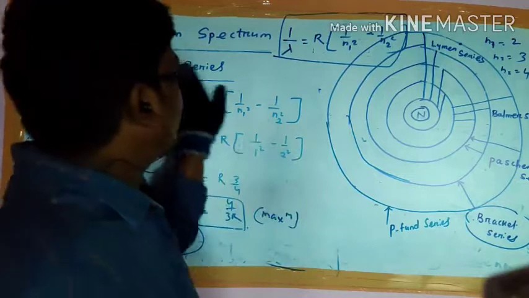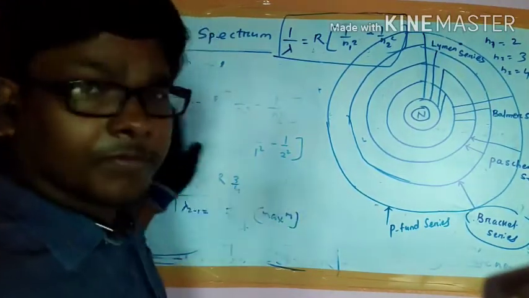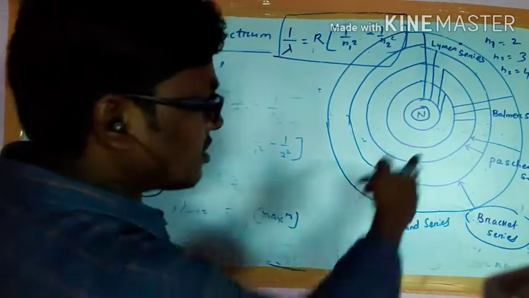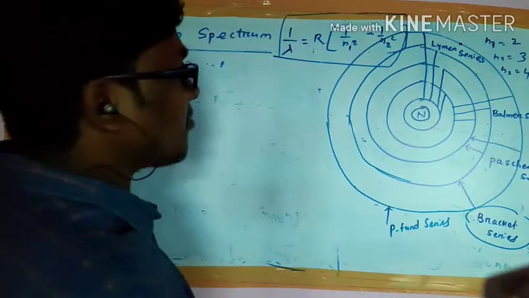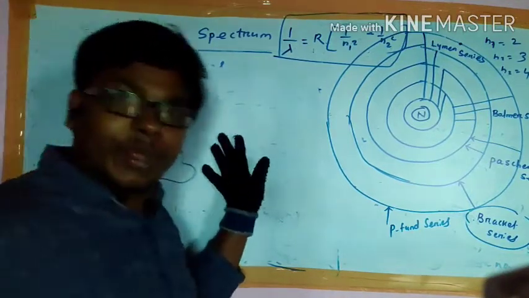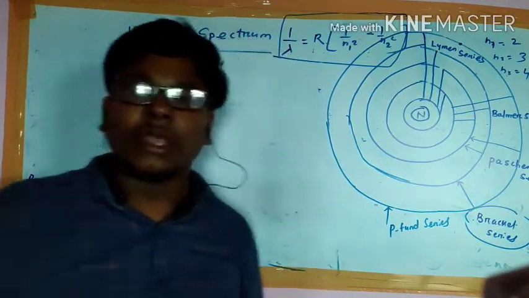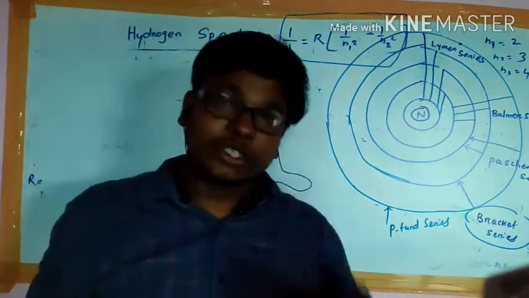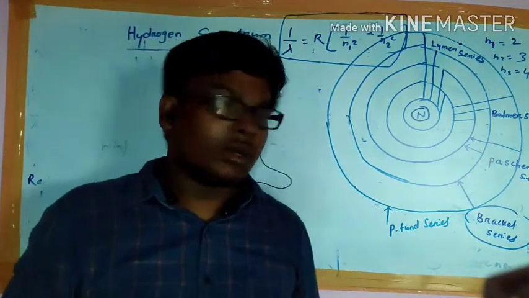We will start the Paschen series, the third series. The Paschen series is the type of spectrum series in which the ground state orbit is 3 and the excited state orbit starts from 4, 5, 6 up to infinity.